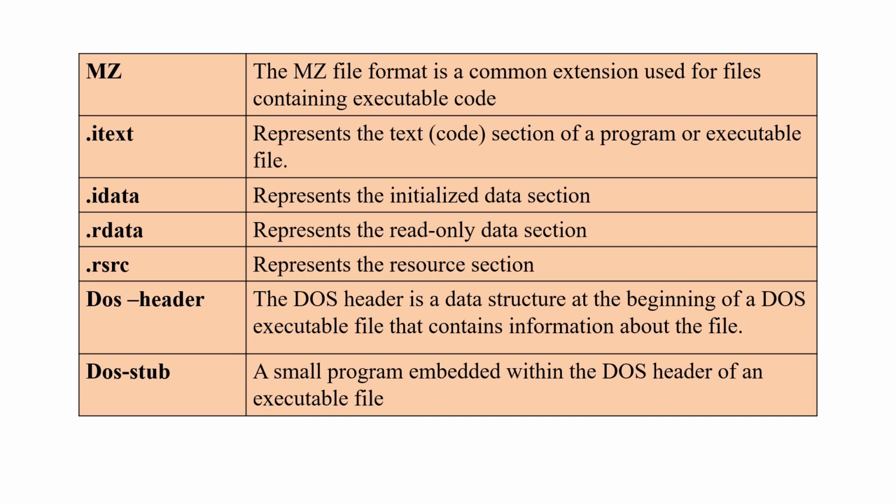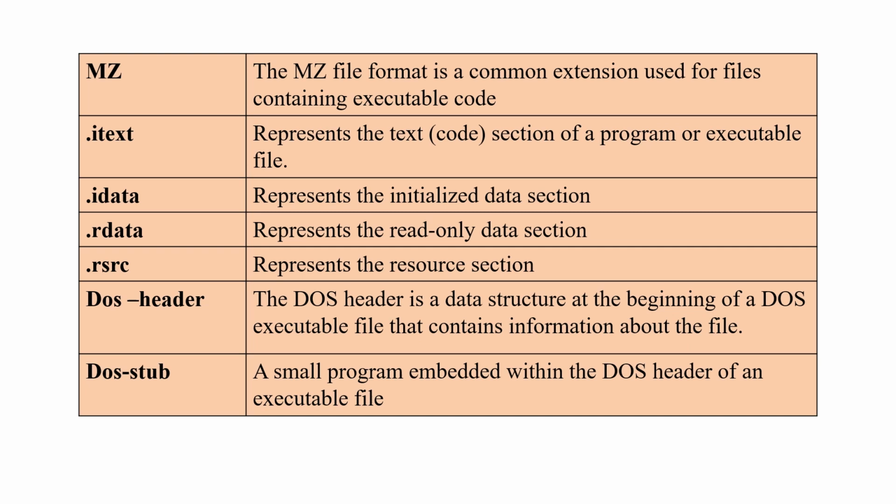This is a file format used for files containing executable code. Next is .itext, which represents the text section of that executable file. Then .idata represents the data section. .rdata means the read-only data section. Then .rsrc displays the resource section.